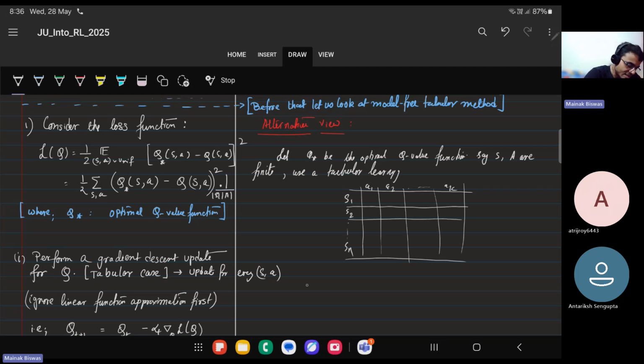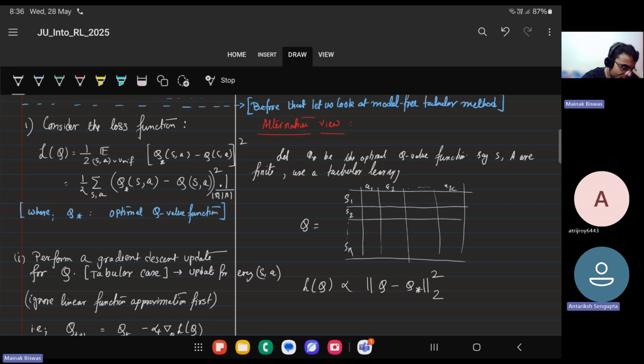So now I define a loss function. This is the Q matrix, proportional to the L2 norm of Q minus Q star, whole square. I can do that.